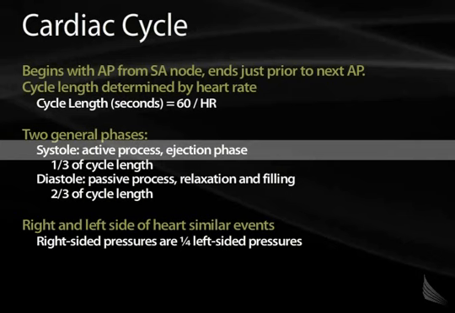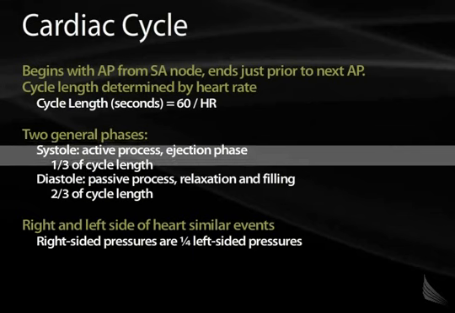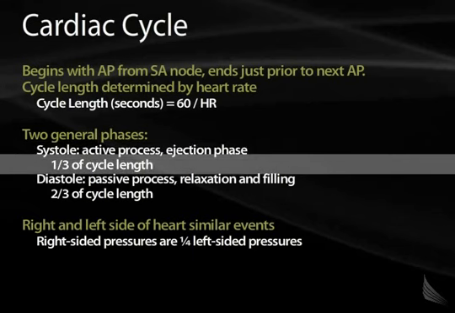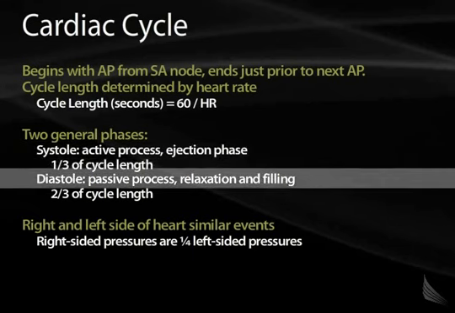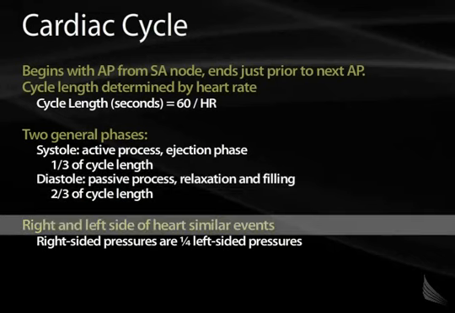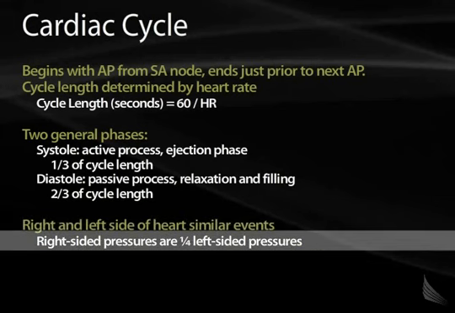Systole corresponds to when the ventricle is contracting, and this is 1/3 in general of the cycle length. Diastole, however, is 2/3 of the cycle length and occurs when the ventricle is relaxing. As you can see, ventricular relaxing and filling is very important for the cardiac cycle. The right side of the heart and the left side of the heart both undergo similar cardiac cycle events. The right-sided pressures generally, however, are 1/4 the left side.